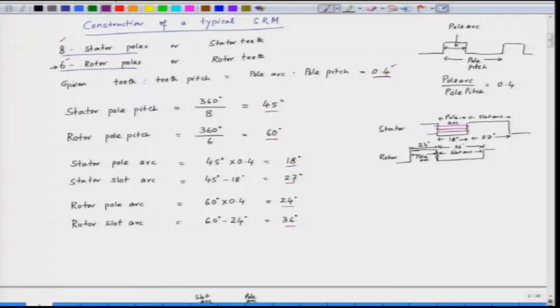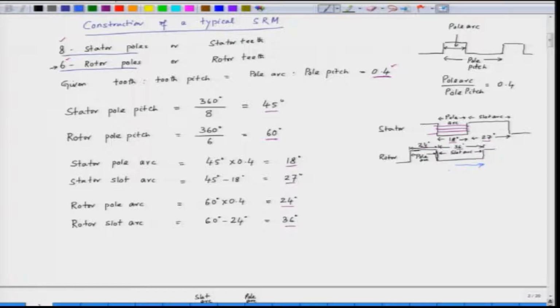We have plotted here that the stator pole arc is 18 degrees, stator slot arc is 27 degrees, rotor pole arc is 24 degrees and rotor slot arc is 36 degrees, and the rotor is gradually moving under the stator in this particular fashion.